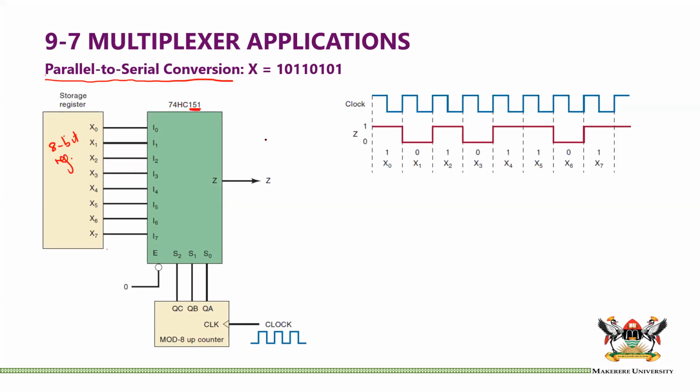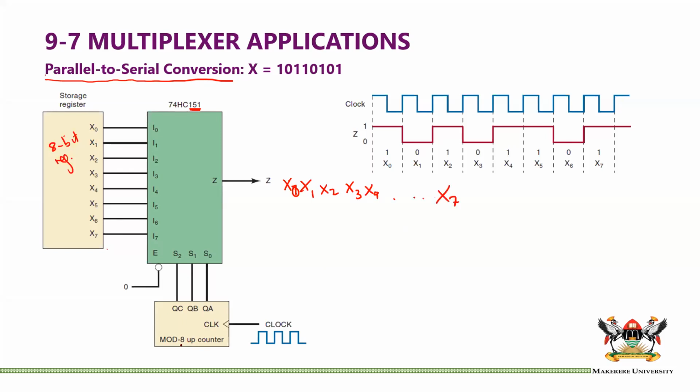And because the multiplexer only outputs one value at a time, the first time it outputs, it might output X7 or X0. Usually it will output the least significant bit, because when you are transmitting information, you start with the least significant bit so that it arrives first. Then X1, X2, each one will have a chance all the way to X7.